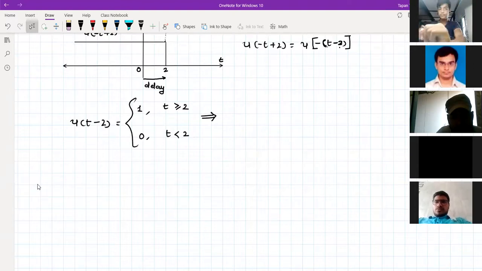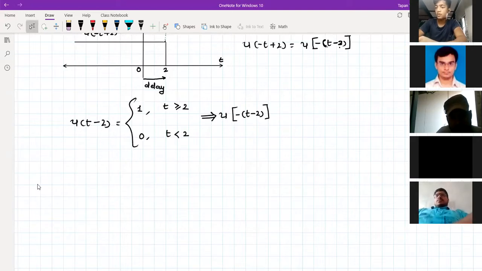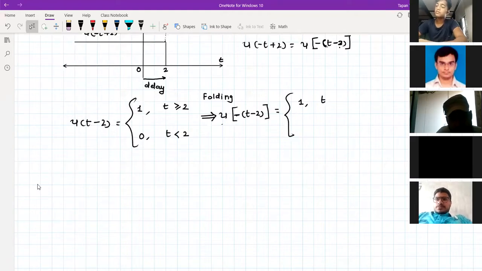Now, if you perform the time folding operation of this signal, this is what? Folding, right? So you get u of minus of t minus 2 is equal to, now since you are performing the folding operation right here, 1 for t, now the only thing is that this sign will change, less than or equal to 2, and here the sign will change, 0 for t greater than 2.